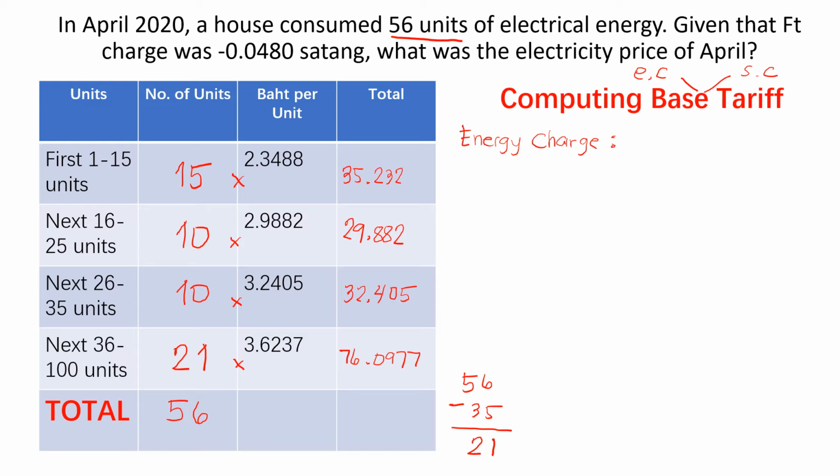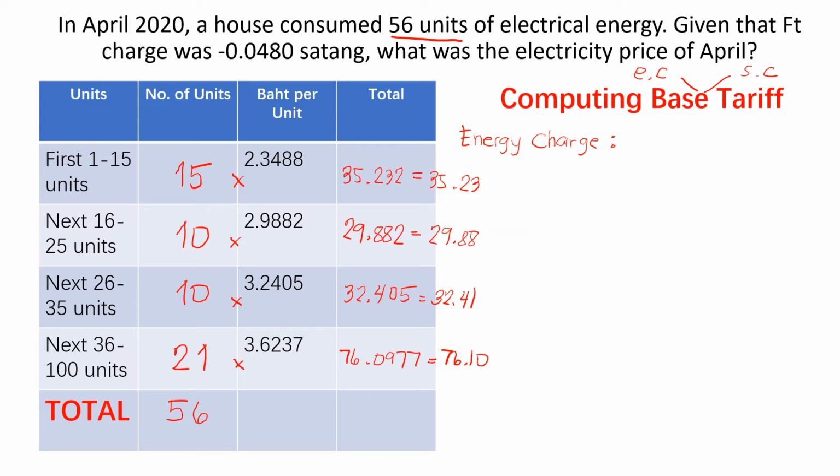Okay, so let's round it off to the nearest hundredth. This one will become 35.23. This one will become 29.88. This one will become 32.41. Then this one will become 76.1.